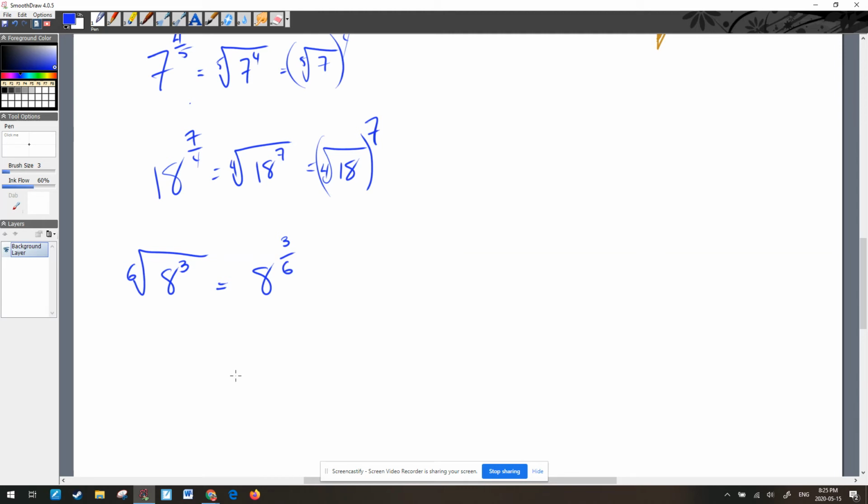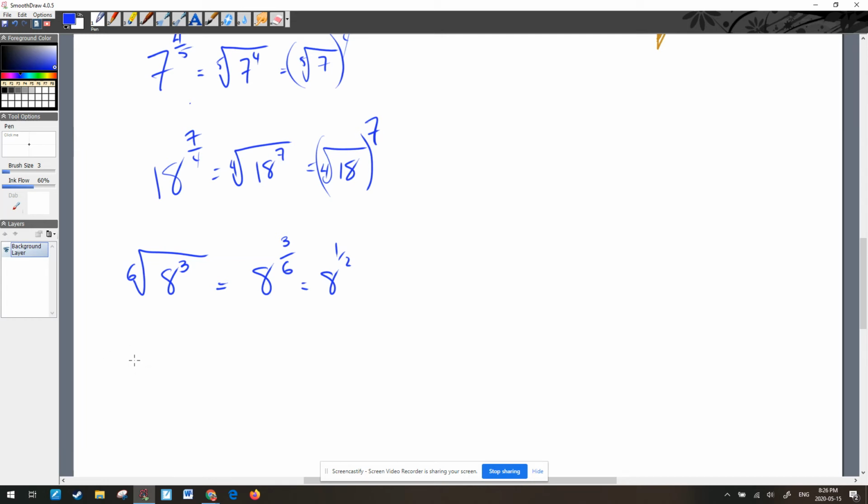So 8 to the 3/6, which is exactly what it is, and I would accept that, but that's a fraction that I can reduce, and fractions can be reduced. So you could rewrite that as 8 to the 1/2. So it's interesting, the sixth root of 8 cubed is actually the same thing as, well, that's just the square root of 8.